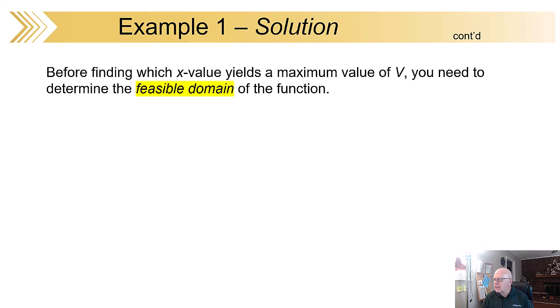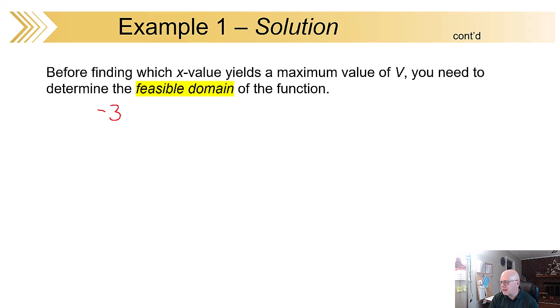Another thing you need to check on in this type of problem is what x's can you actually use? Because sometimes negative values don't make any sense. For example, if you're a manager and you're trying to decide how many people you need on the next shift, well, it really wouldn't make any sense to have -3 people on the next shift.